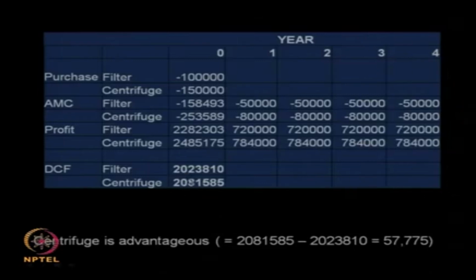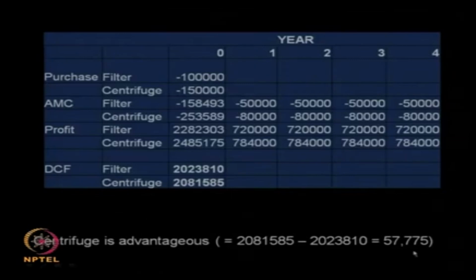So of course the centrifuge is better than the filter, because it is the total profit over the 4 years, the cash flow, from which you subtract the annual maintenance contract and the purchase price as of today, that is year 0. This is the difference you get. That means you will make a profit of 57,775 more if you have a centrifuge, better than a filter.